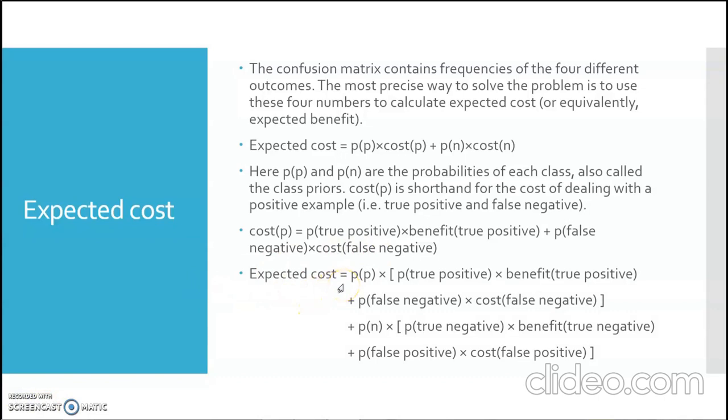If we were to elaborate on it, we shall get this, where you still have the probability of positive and the probability of negative, multiplied by the cost of having a positive example and the cost of getting the negative examples over here.